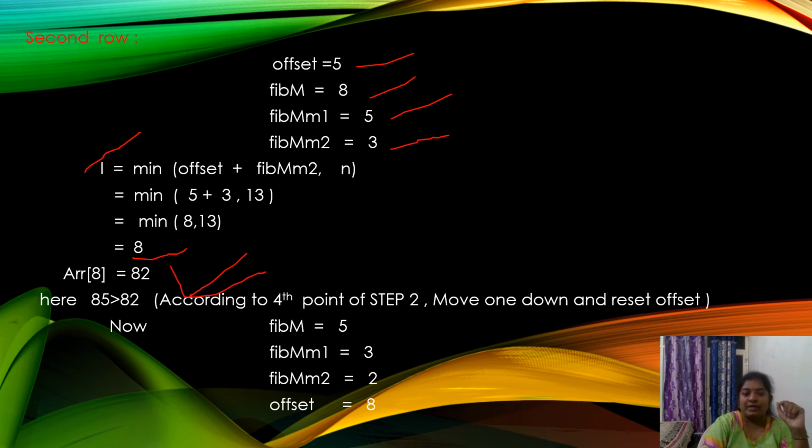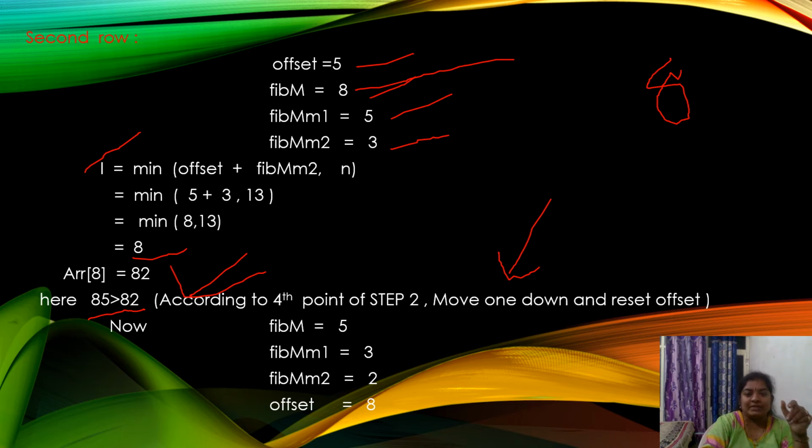Again perform the comparison operation. Our target element is 85, and 85 is greater than 82. So automatically you perform the same operation: move one down and reset the offset. Here the Fibonacci number is 8.